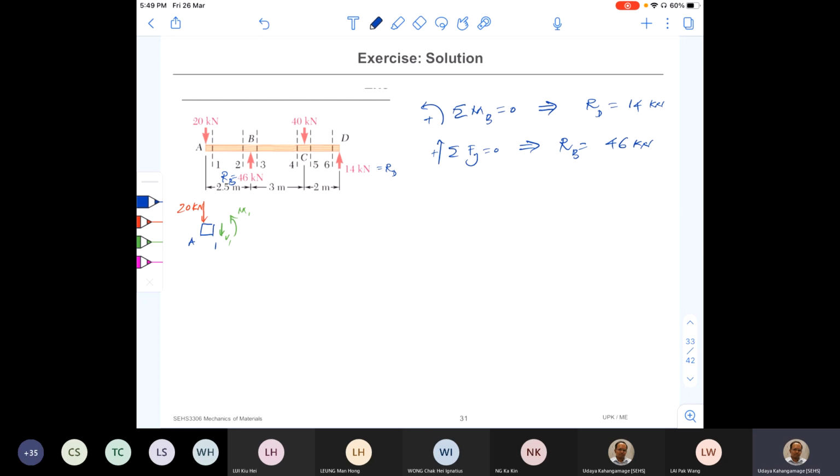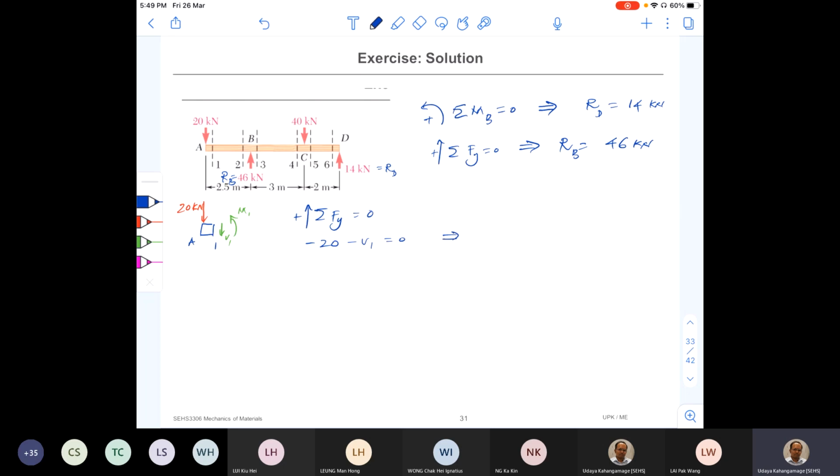So find out the internal shear force now by taking the sum of forces Fy for the whole free body diagram. So there are two forces, negative 20 and negative V1 is equal to 0.